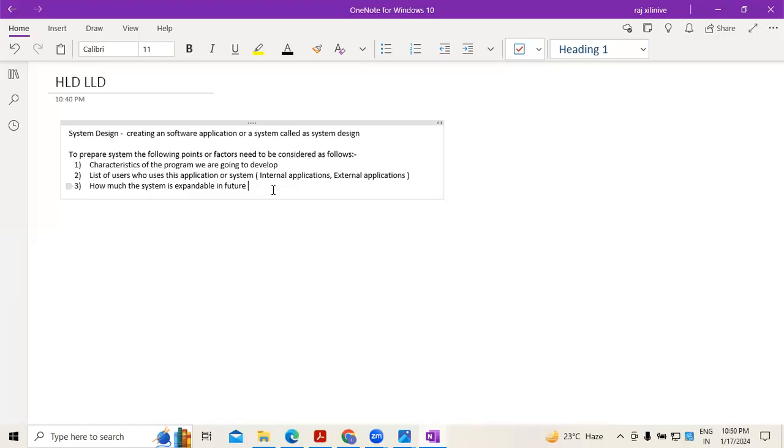So we need to understand the possibility of expansion of the existing application, which is usually possible in the near future.